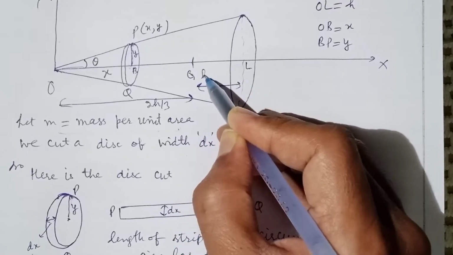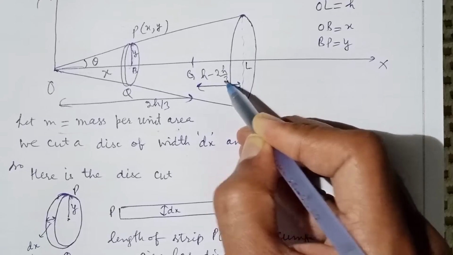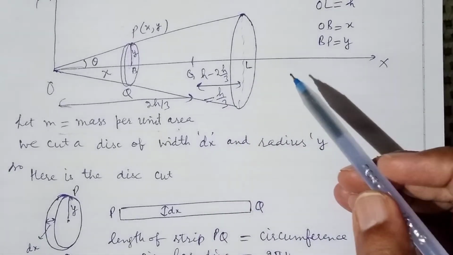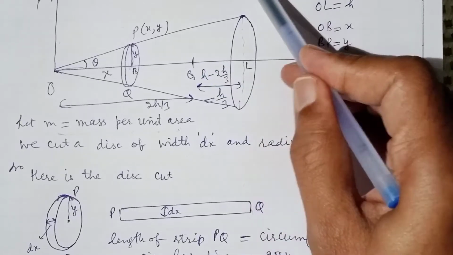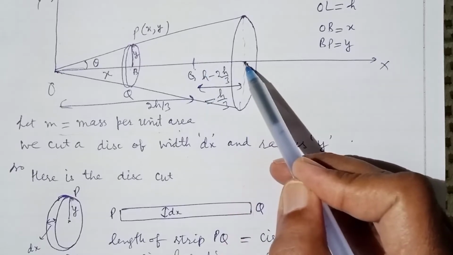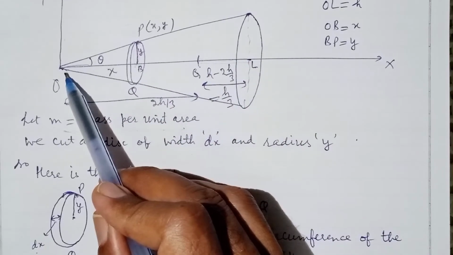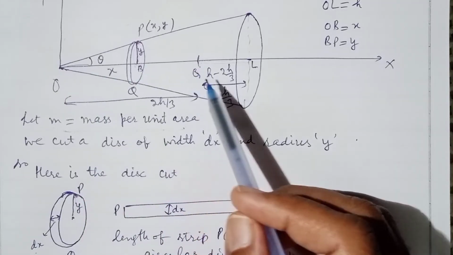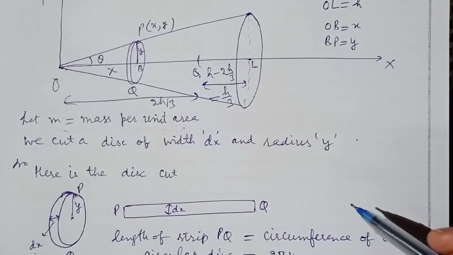It is h minus 2h upon 3, यानी कि h upon 3. So we have found the gravity of a hollow cone. It is located at a distance h by 3 from the base, or at a distance 2h by 3 from the vertex, right? Okay, thank you.